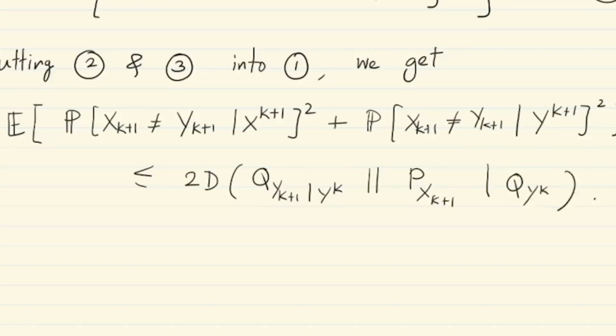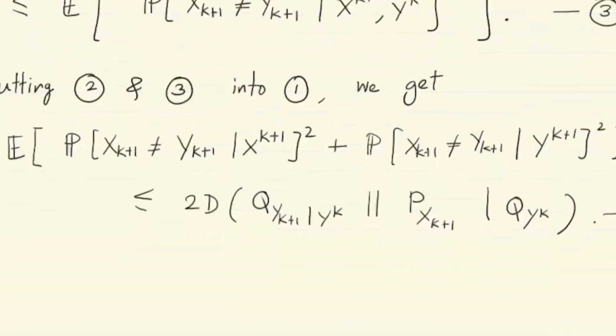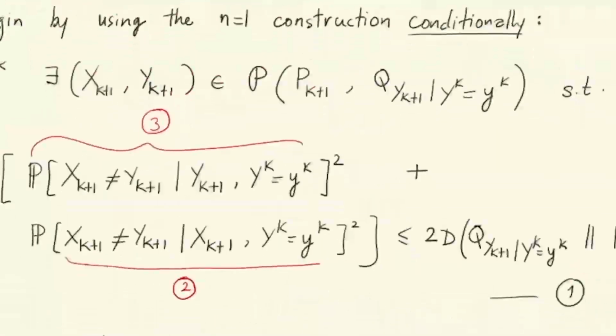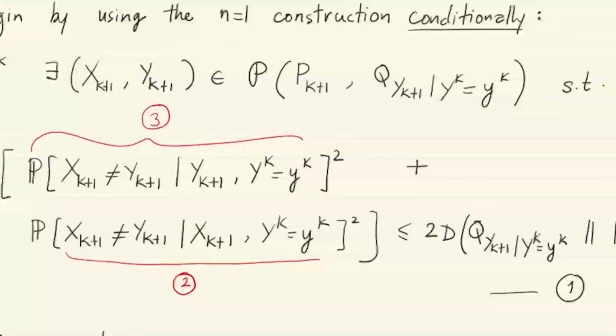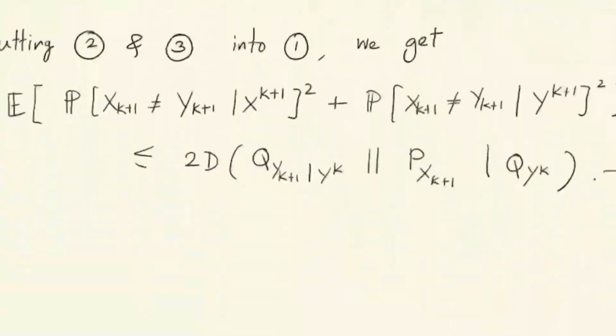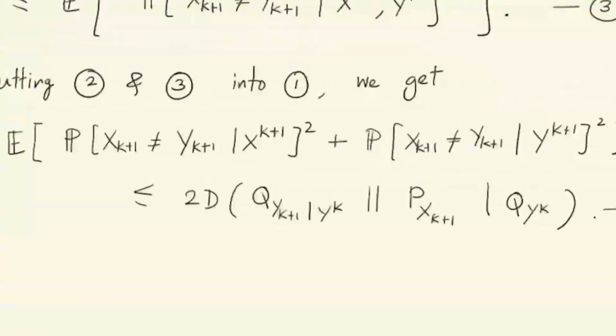So this notation is just saying that. What we do to inequality 1 is put in these expressions, and then we take expectation over yk to get this.